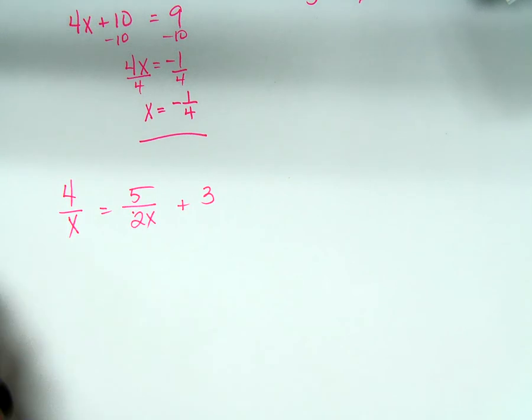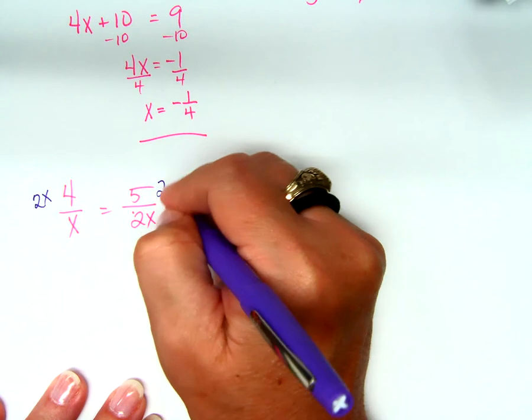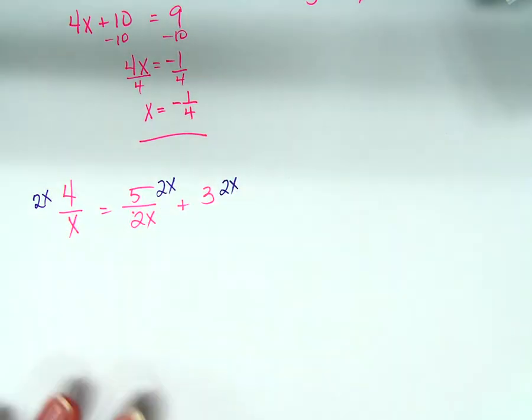Again, do we want to get a common denominator or do we want to get rid of the denominators? So what would be the common denominator if I got one? Close. 2x. So I'm going to multiply each term by 2x to simplify my denominator.